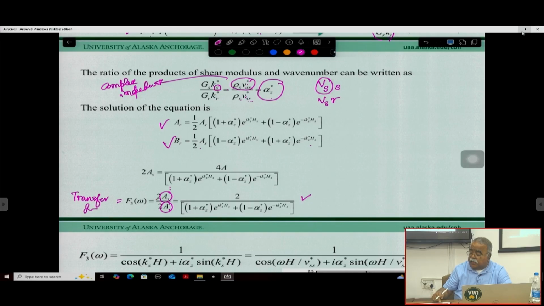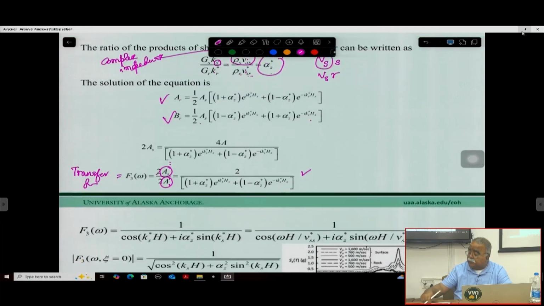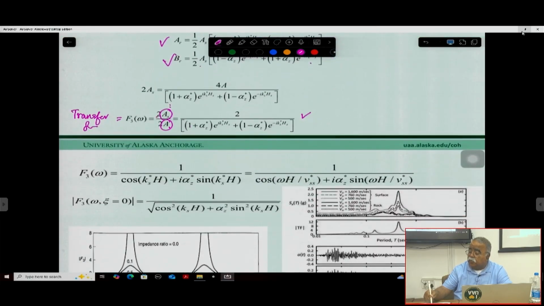Okay, and that will be equal to F3 omega. So this F3 omega, if you can write it down with these things, omega is Vs prime, and then this is equal to I by alpha z, right? So that alpha z is the impedance contrast ratio.